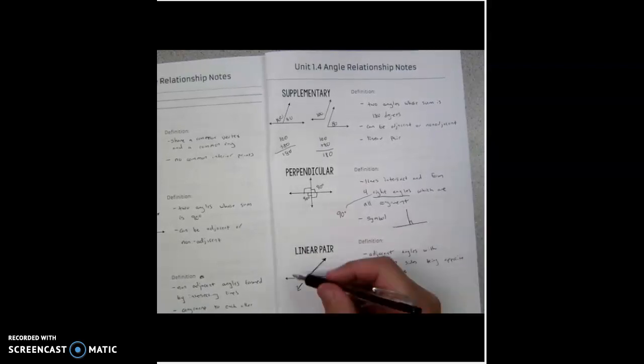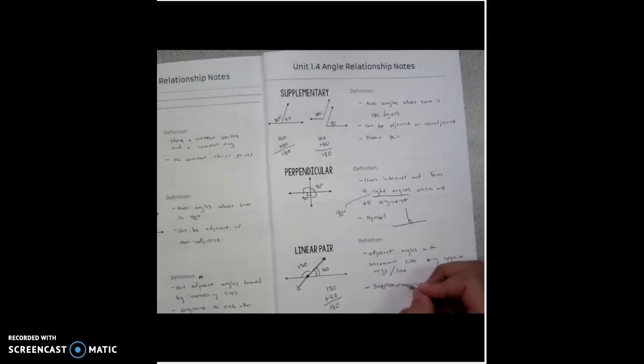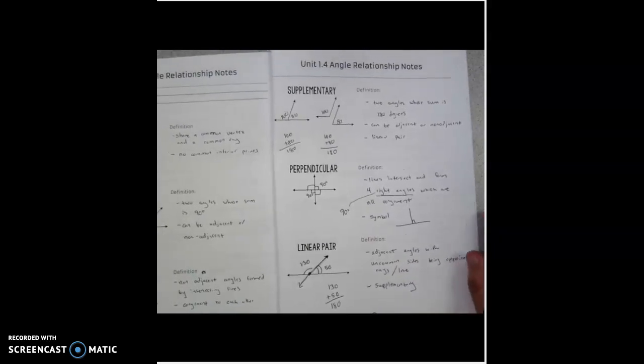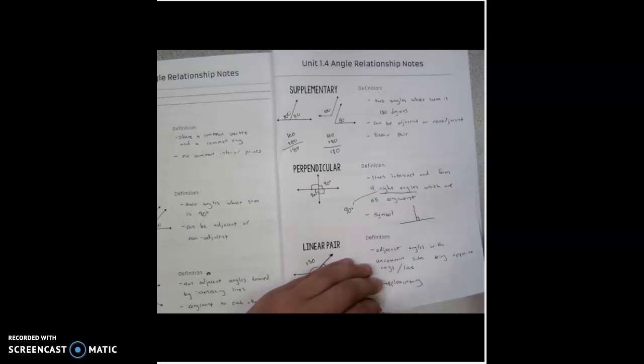And I end up with 2 adjacent angles as such, and they add up to 180 degrees. So I have 130 plus 50, resulting in 180 degrees, meaning that linear pairs are supplementary. Okay, so linear pairs are supplementary. And that is it for the vocab of 1.4 angle relations.